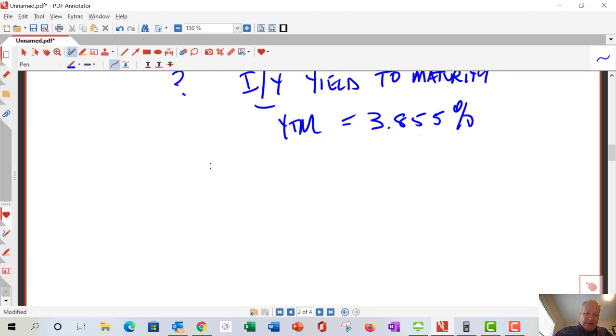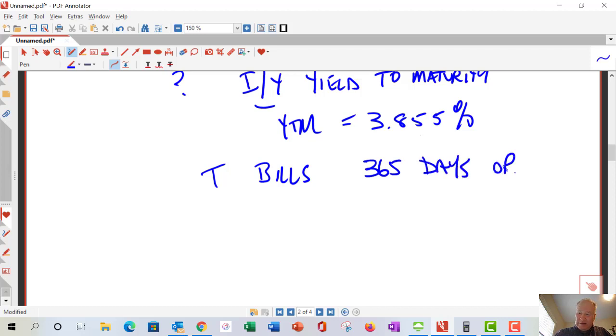We can look at T-bills. So this is commercial paper. So this is short-term investments, typically 365 days or less. So Treasury bills are sold at a discount. So you pay less today, and then you receive face value at maturity. Right.